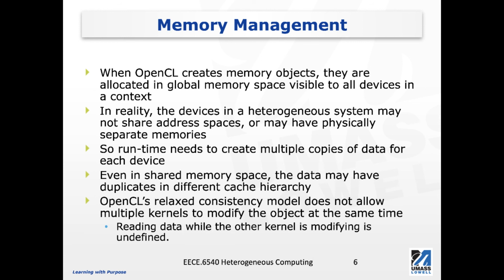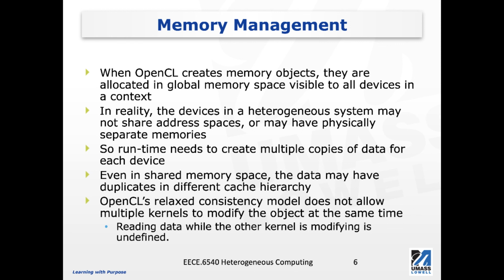When OpenCL creates a memory object, it is allocated in a global memory space visible to all the devices in a context. So this is the goal of these memory objects. No matter where we physically allocate them, they need to be visible to all the devices in that context. In reality, the devices in a heterogeneous system may not share address spaces or may have physically separate memory units.